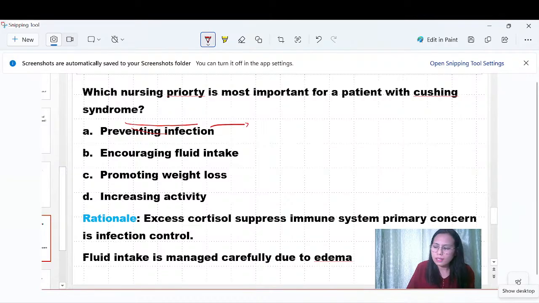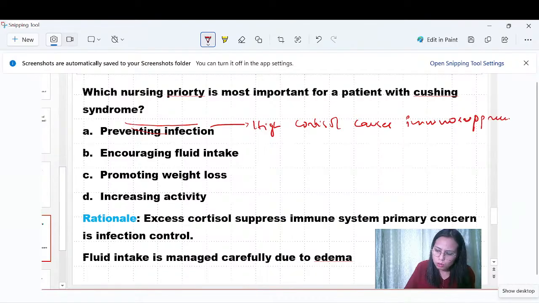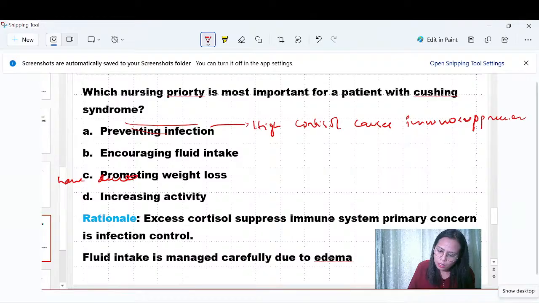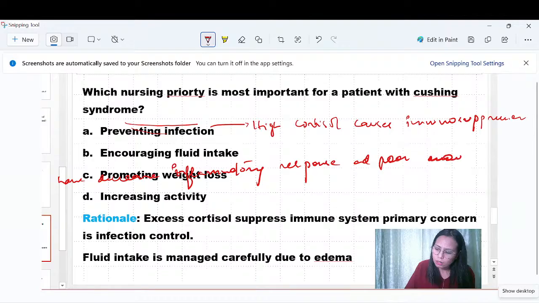High cortisol causes immunosuppression, and the patients have a decreased inflammatory response and poor wound healing. So even minor infections can become severe. Therefore, infection prevention is the top priority.